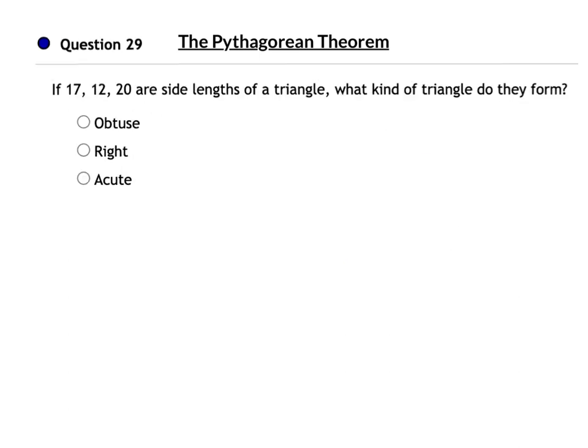In question 29, we're going to see if this is obtuse or acute, or right. We know that C is the biggest side, so my C is 20. So C squared is 20 squared, and it doesn't matter the order of the other two.